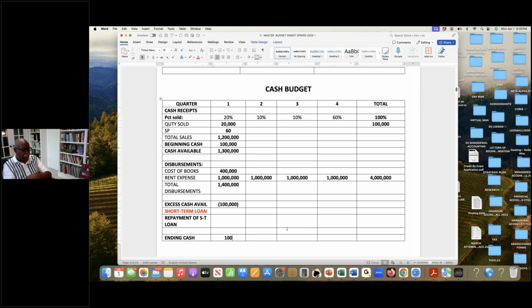You're running the company, you have to have so much money in there. So how much do we need to borrow?